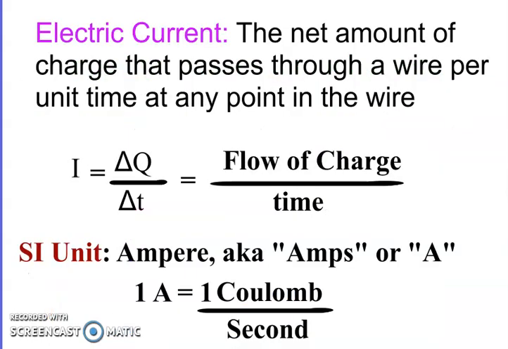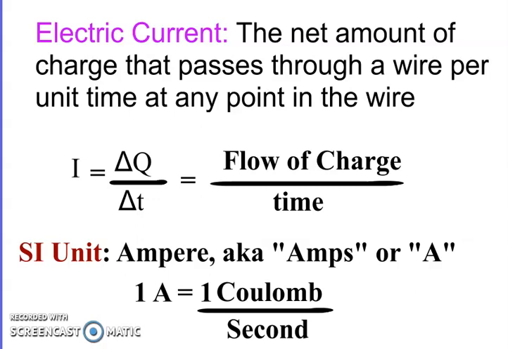Another characteristic of circuits is that once you have these charges being moved by the voltage, they create an electric current. We determine how large that current is by knowing the net amount of charge that passes through a wire per unit time at any point in the wire.